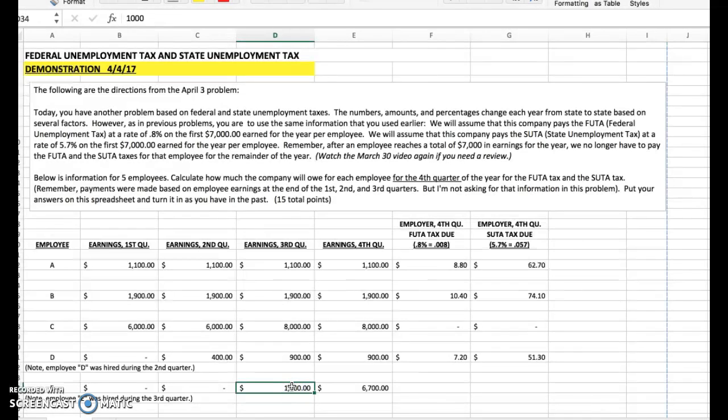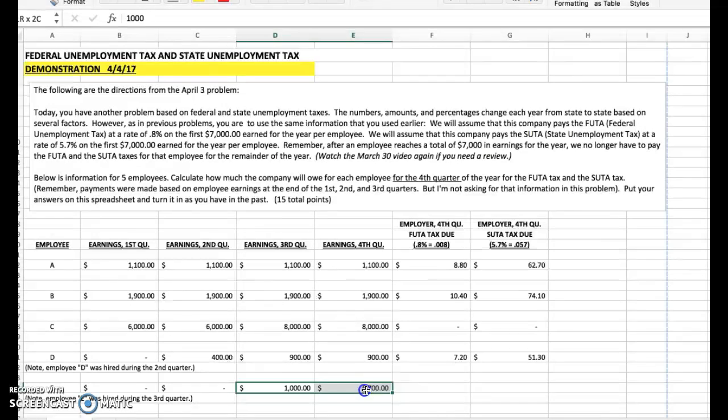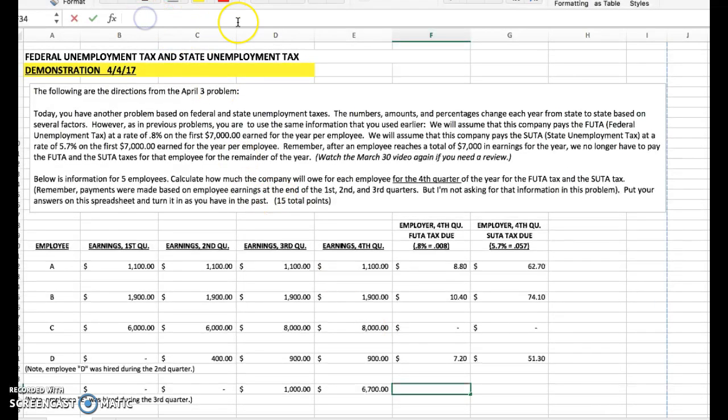And now we're down to the last employee. If we look at this, third quarter we would have paid based on $1,000, and this employee earned $6,700 during the fourth quarter. Now that means if you add the two, obviously he or she is at $7,700. Again, over the 7,000. So we don't have to pay based on more money than 7,000. We base it only on 7,000 total earnings. We've already paid on 1,000 back in the third quarter. So now we're going to pay on not 6,700, but on 6,000.